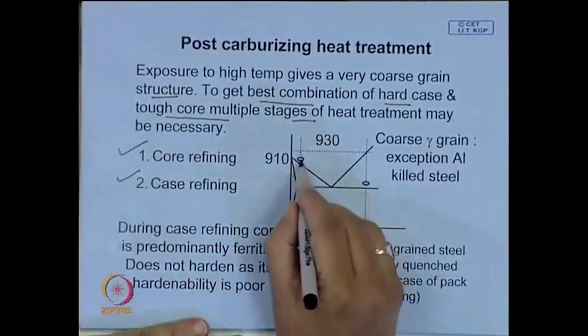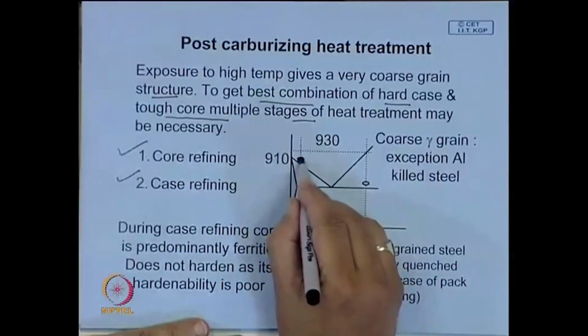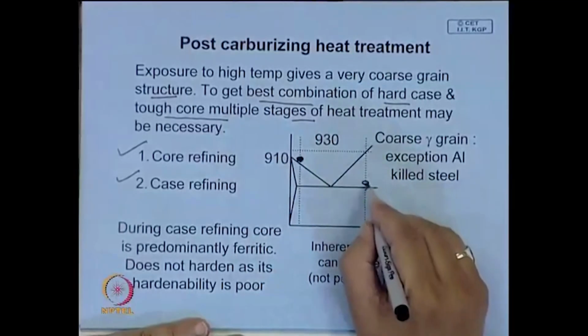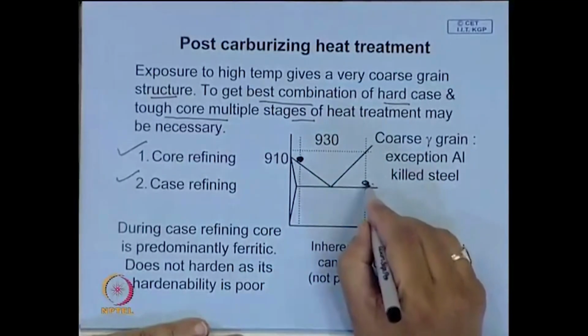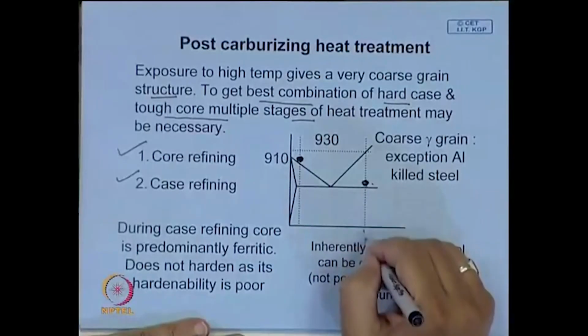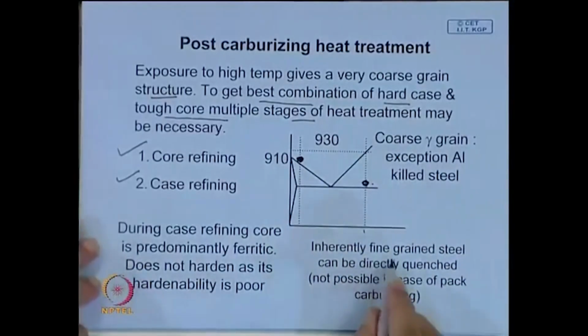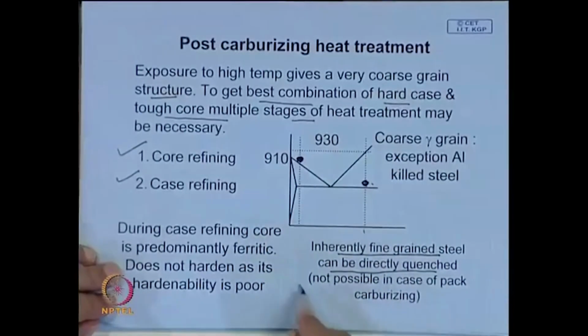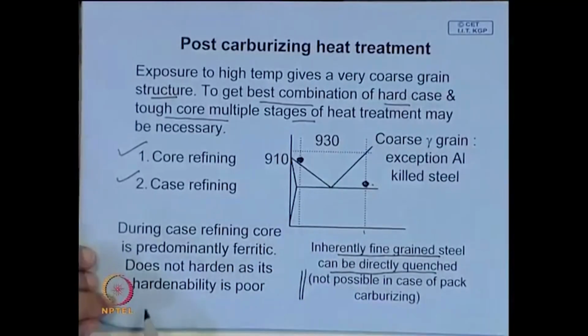For core refining you have to heat it in this region and quench, and for case hardening you come here and from this temperature you give the final heat treatment. In inherently fine grained steel, the steel can be directly quenched, but it is not possible in pack carburizing.